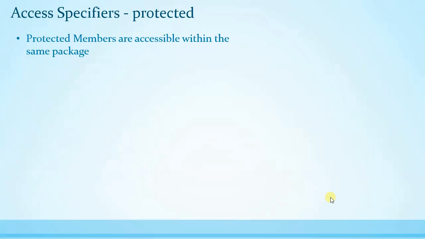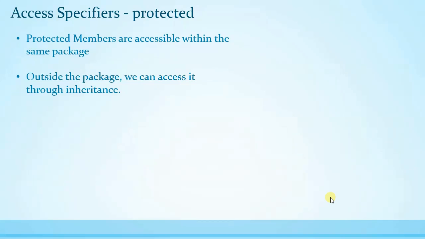That means all the classes in the same package can access the protected members. But if it is outside the package, only the class that is derived from the base can access the base class protected members.